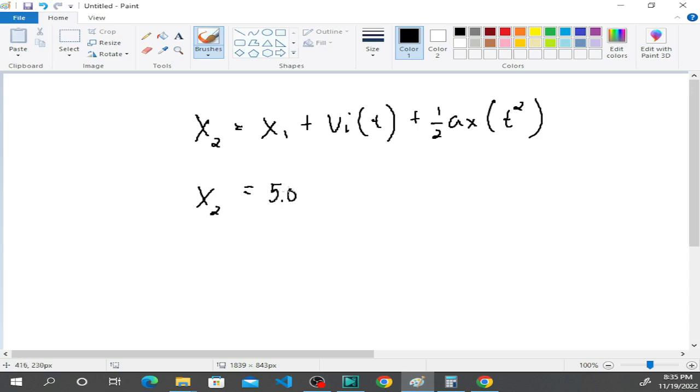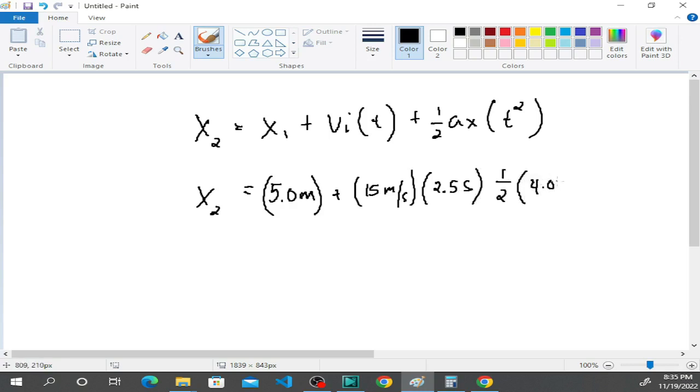So that is 5 meters away from the signpost, plus the initial velocity, which is 15 meters per second, and then you have to multiply that by 2.5 seconds, alright? And then you add it to the product of 4.0 meters per second squared, and then 2.5 seconds to the power of 2.